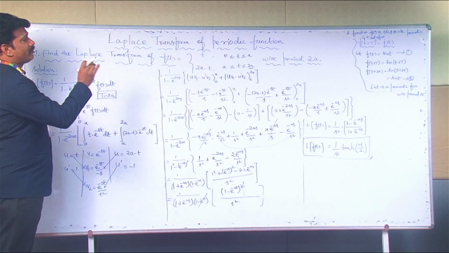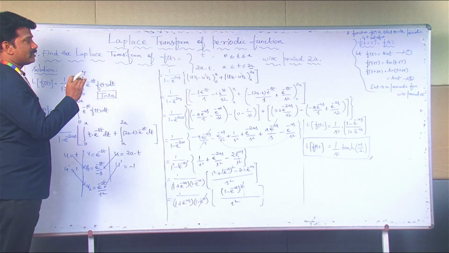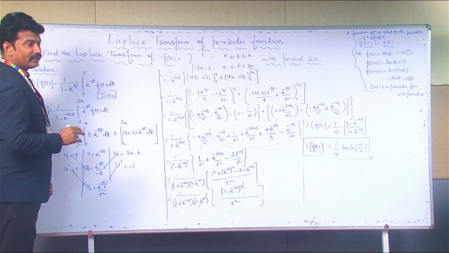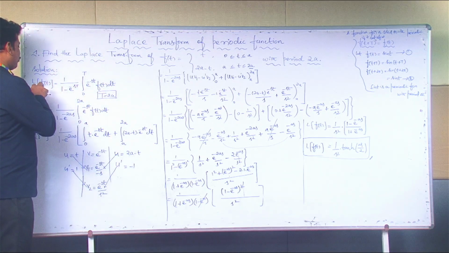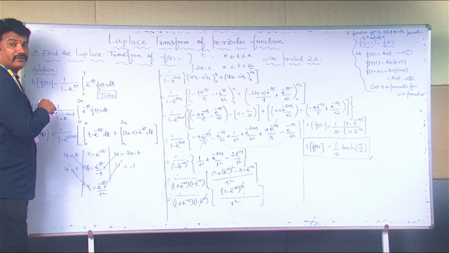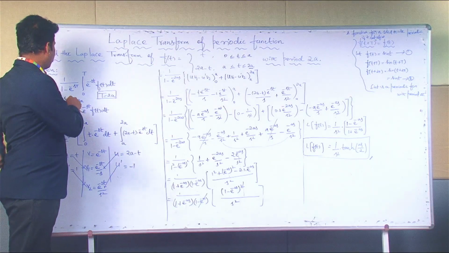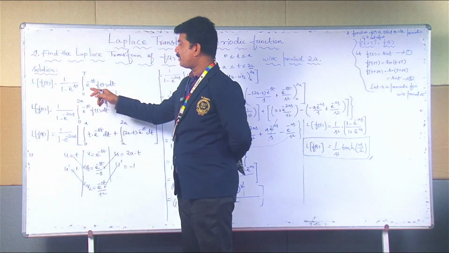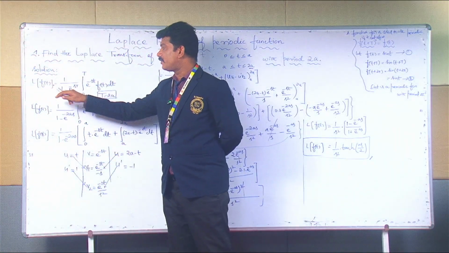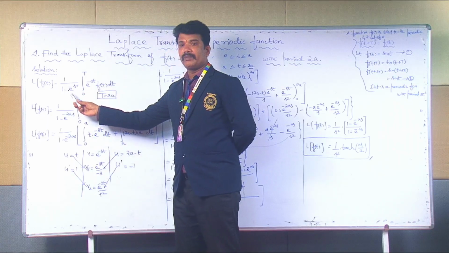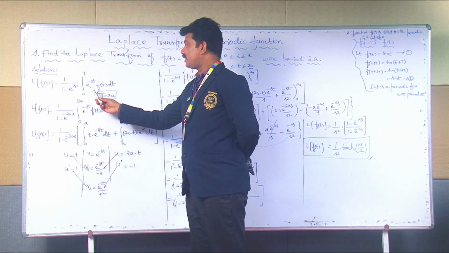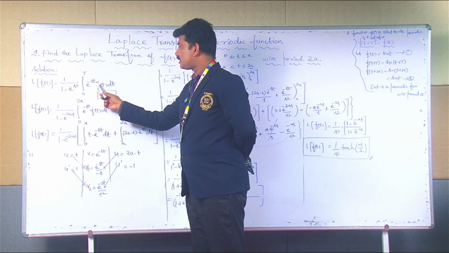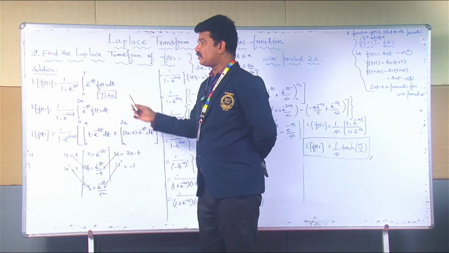The Laplace transform of a periodic function: one of the most important formulas, which we apply when we find the Laplace transform of a periodic function, is L{f(t)} = 1/(1 − e^(−sT)) ∫ from 0 to T of e^(−st) f(t) dt. So this is the formula.